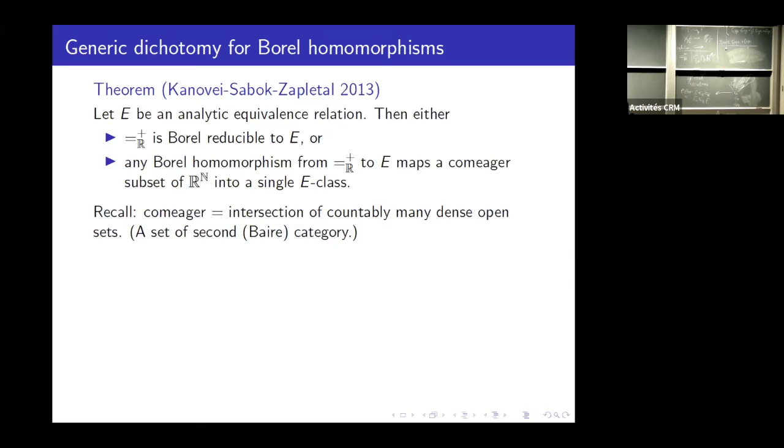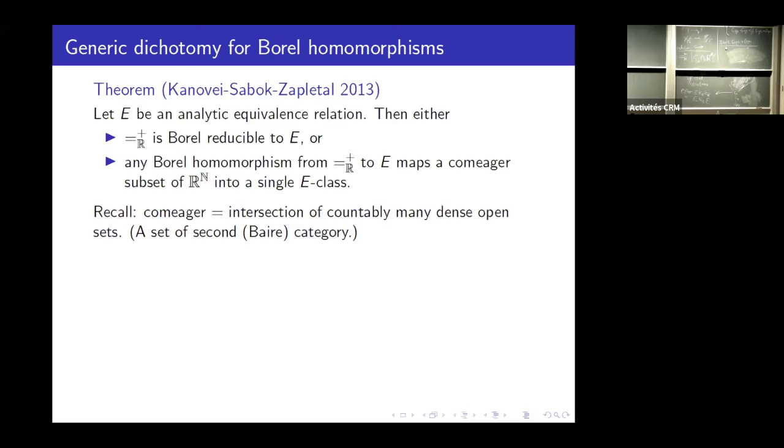It's extremely not injective. It takes a comeager set of classes into a single E-class, so almost all classes into a single E-class. A quick reminder: comeager is by definition the intersection of countably many dense open sets. So it's the topological version of measure 1. That's part of where the spaces being Polish comes in. You can prove, for example, the Baire category theorem on Polish spaces, which says that if you take the intersection of countably many dense open sets, you get a very large set.